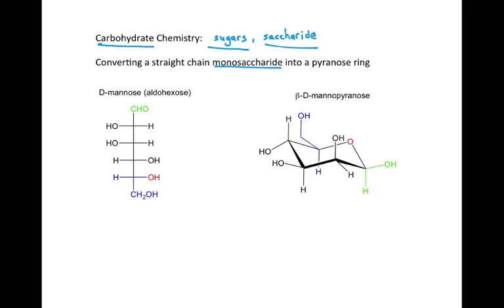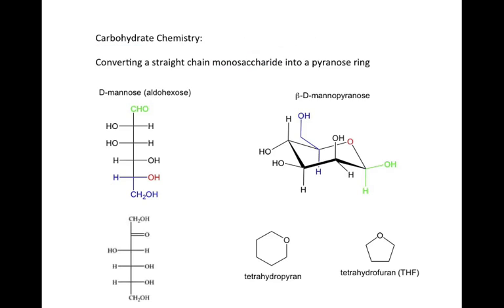Okay, so let's look at a couple more examples here. The first thing I really want to do is look at our structure here, D-mannose. The first thing we're going to examine is this letter D here and what that represents.